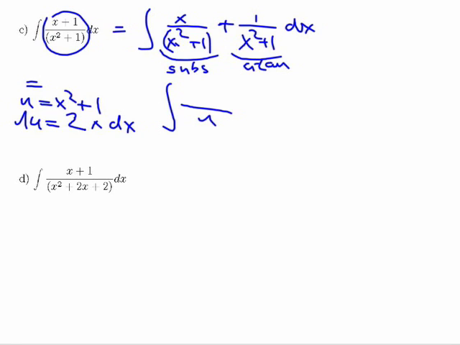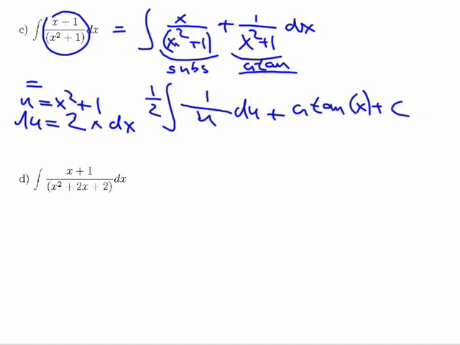We have x dx, which almost is what we need to substitute the u, but we need a factor 2 there, so we get 1/2 times the integral of 1 over u du plus, as mentioned, the second summand we can integrate directly. This is an inverse tangent, so we get the inverse tangent of x plus integration variable c.